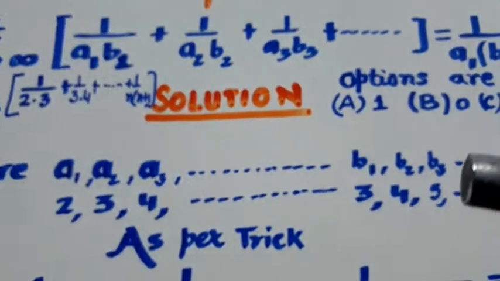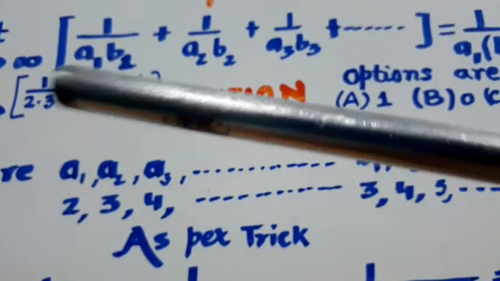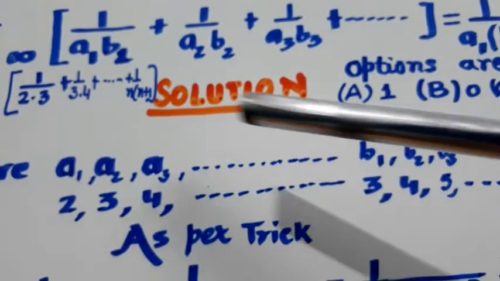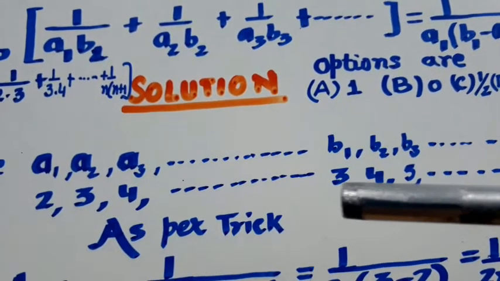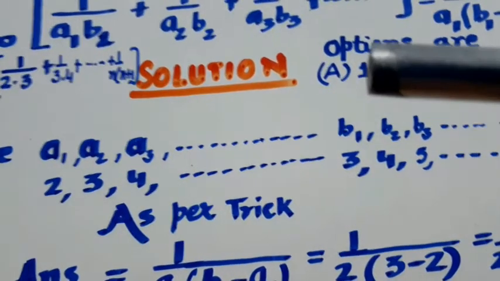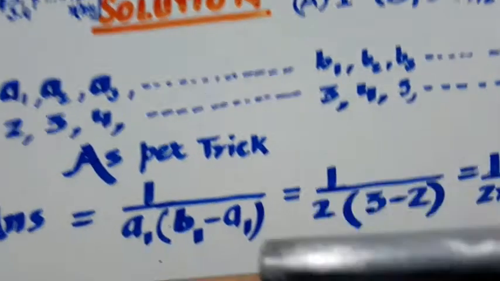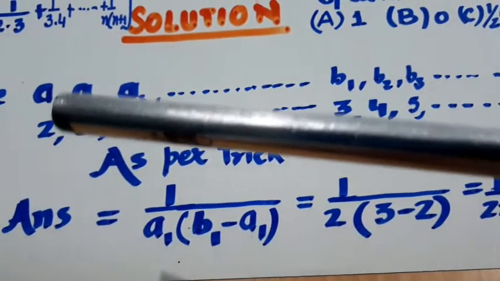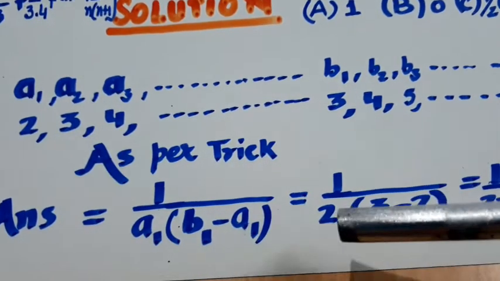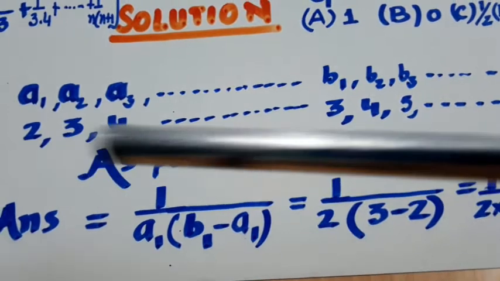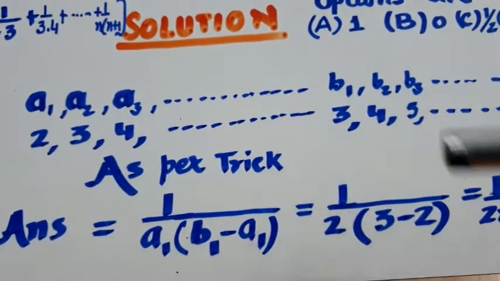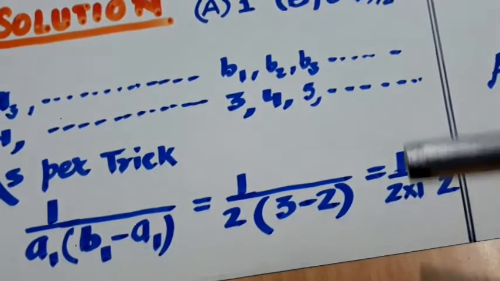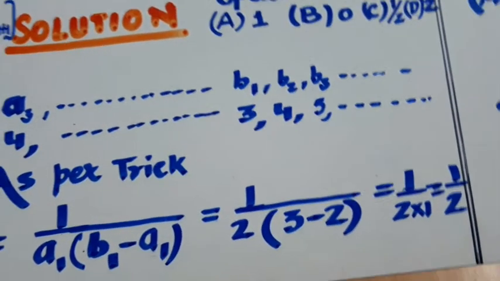The b terms are 3, 4, 5 and so on, they are also in AP. And the difference between a1 and b1 is 1. Look here, a1 is 2, and the difference between 3 and 2, that is between a1 and b1, is 1. So 1 over 2 into 1, that is 1 over 2. Question is done, in no time.